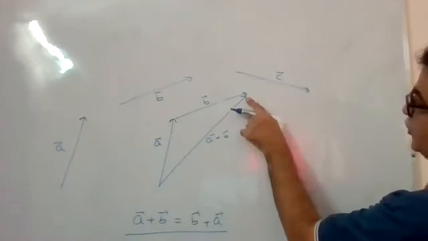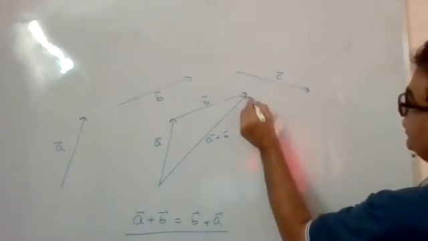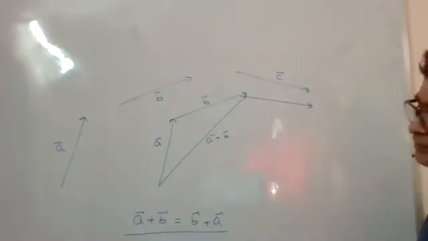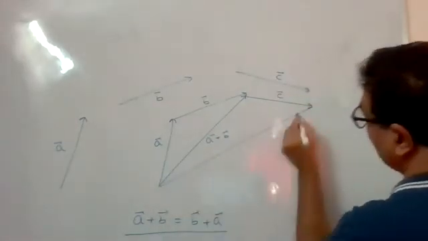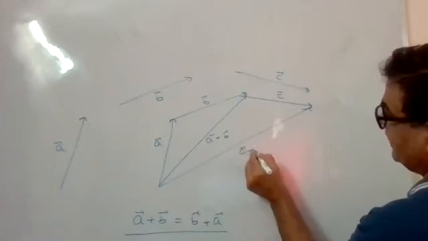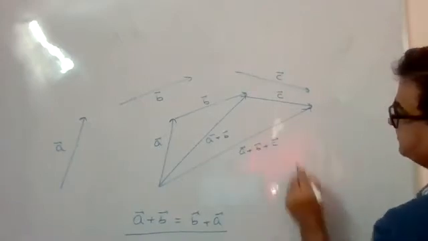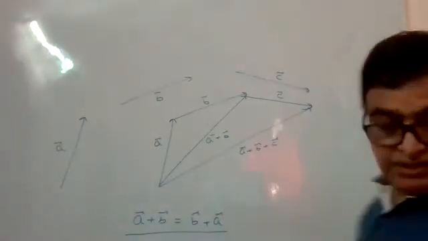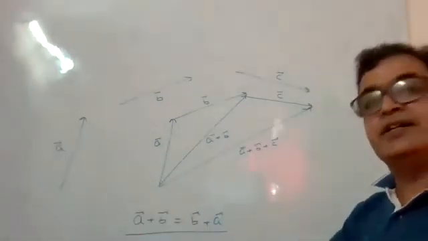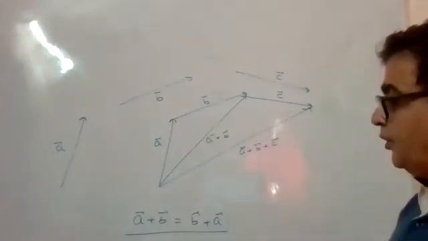So this is your head, and now from this you have to make C, so this vector C has come. Then when you join it, this vector will come as A plus B plus C. And if four vectors are there, you can go that way also, that is not a problem.